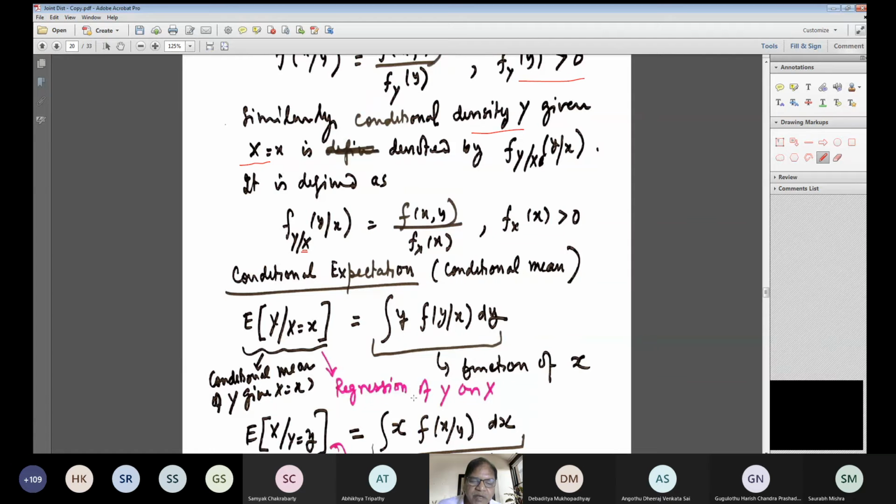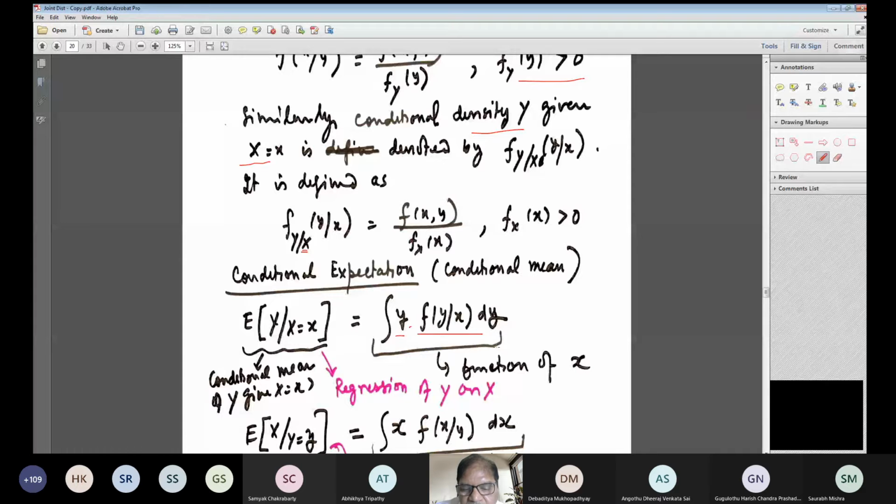So for conditional expectation, we write the expected value of y given x equal to x. Since the conditional density function is known, we can easily find the conditional expectation. It will be the integral of y times the conditional density function.